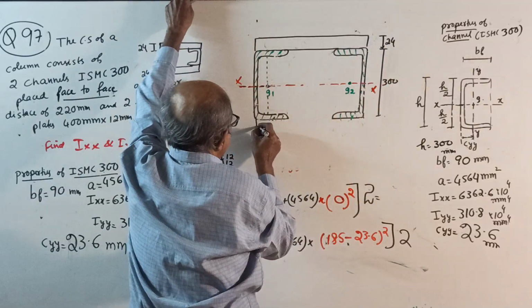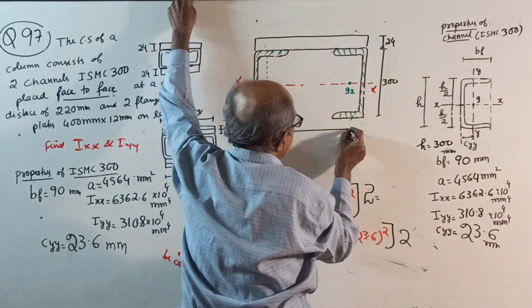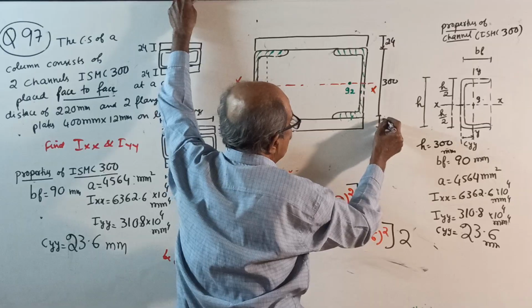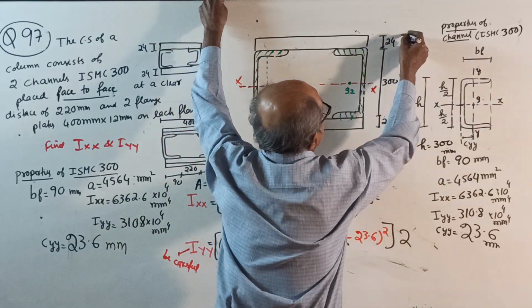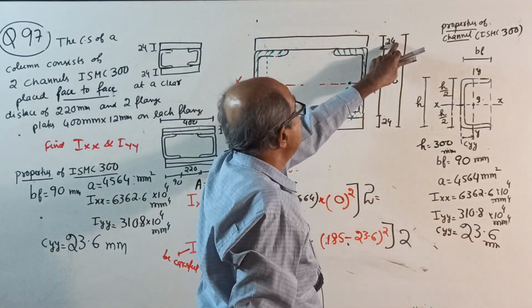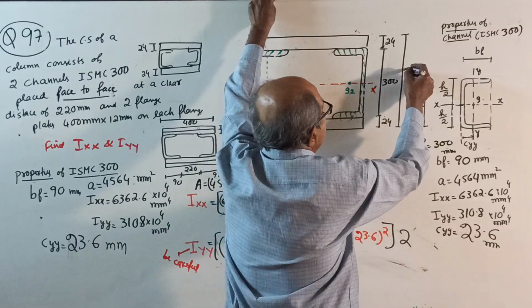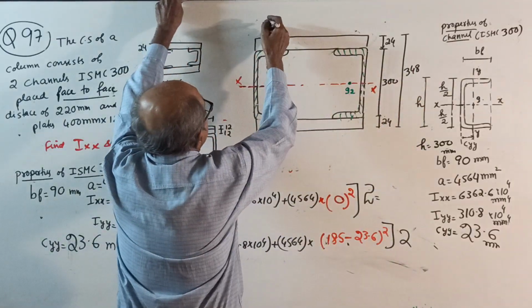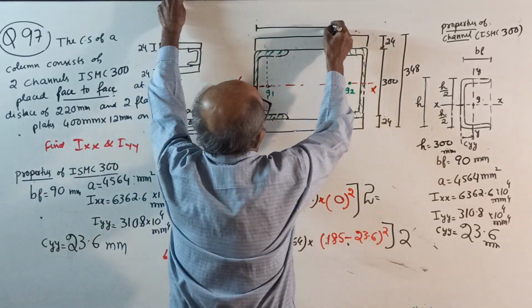Here also, thickness equal to 24 to save time. Both are the same. You don't have to waste time for both. 24, 24. Therefore, the total overall depth will be 300 plus 24 plus 24 is 348. Okay, now the width of the plate is, of course, 400.